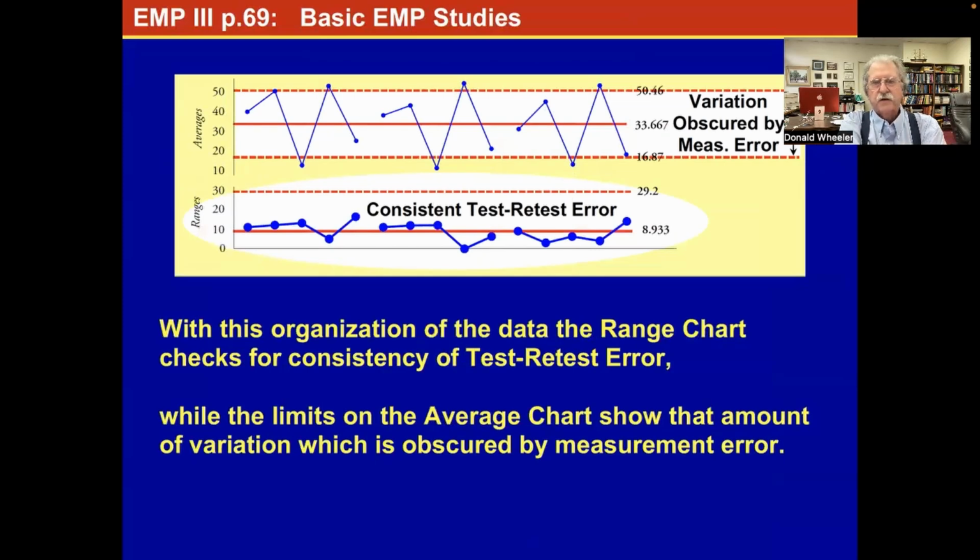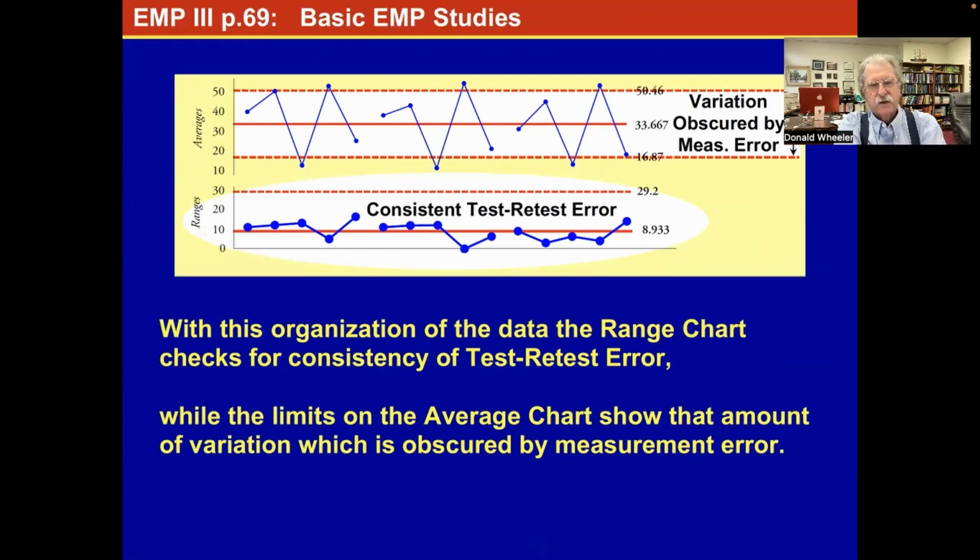With this organization, the range chart will check for consistency of test-retest error. No points outside the limits, we have consistent test-retest error. The limits on the average chart are based on the average range.